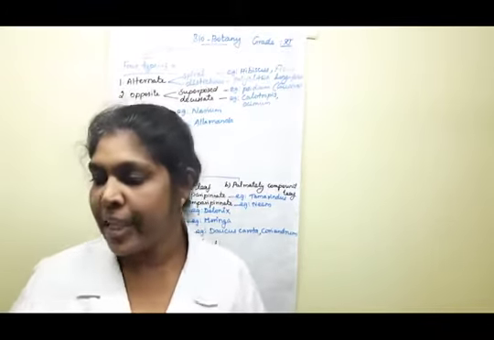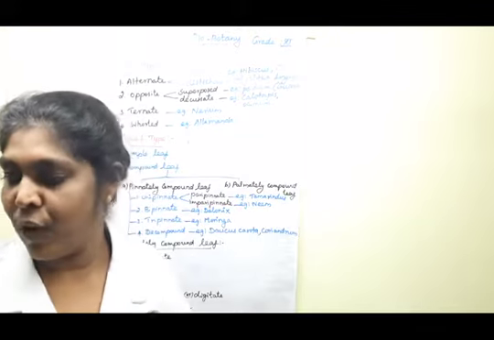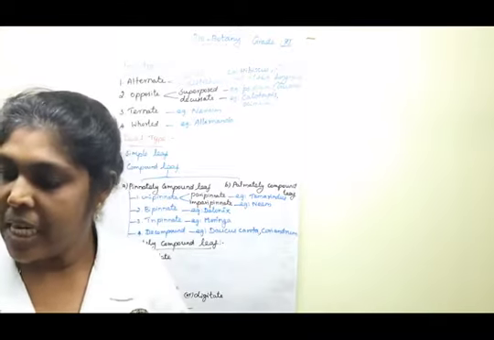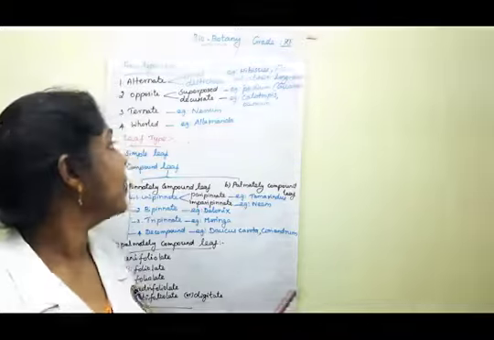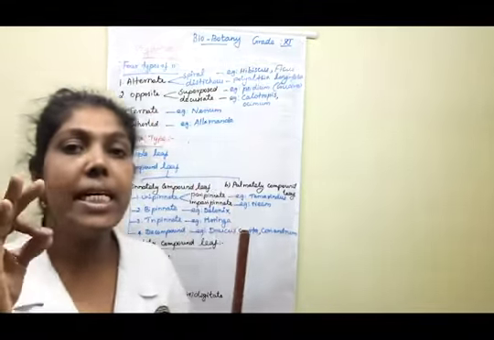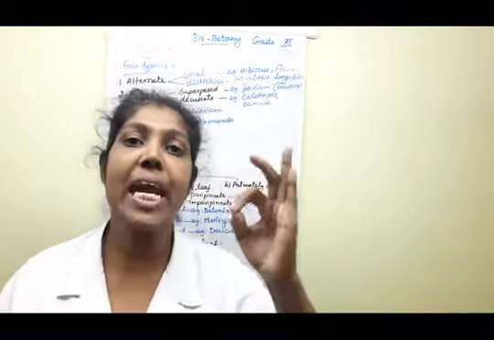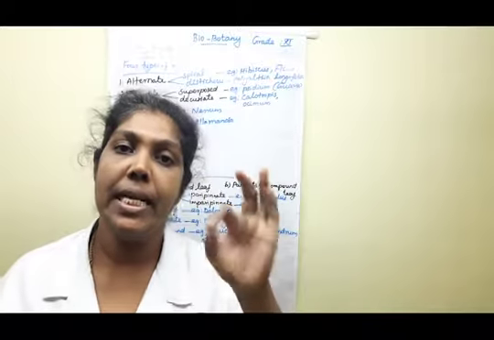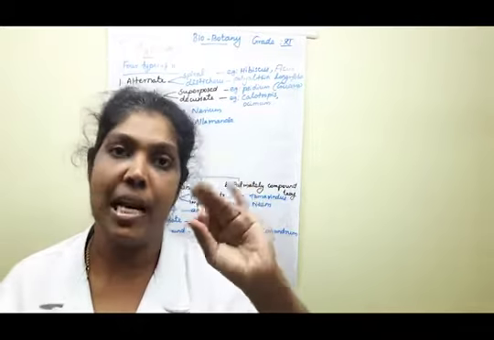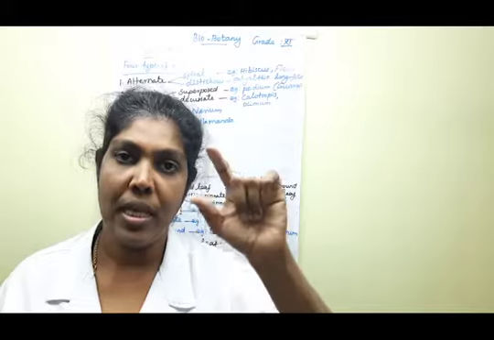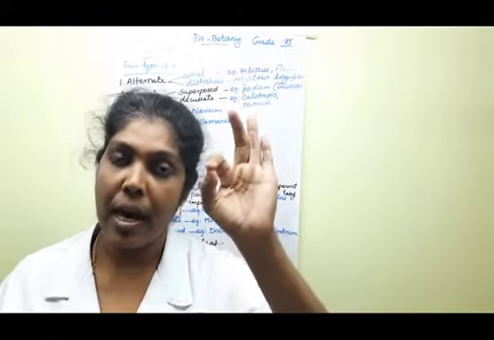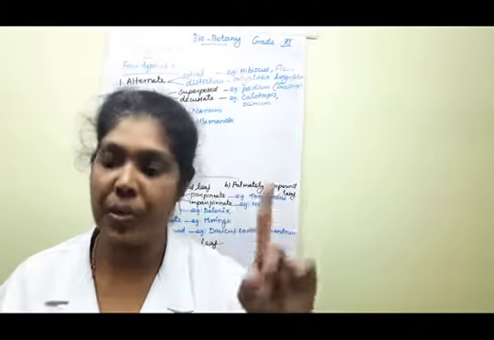The next one is ternate phyllotaxy. Here ternate means each nodal region bears three leaves. The three leaves arise from each nodal region.